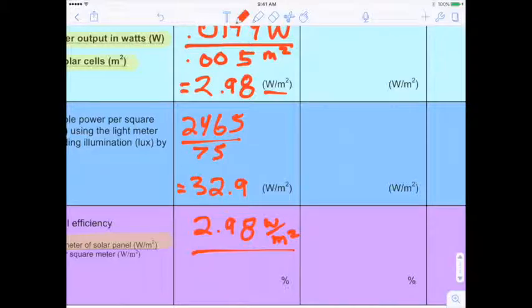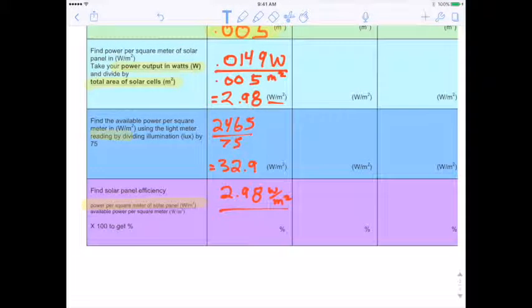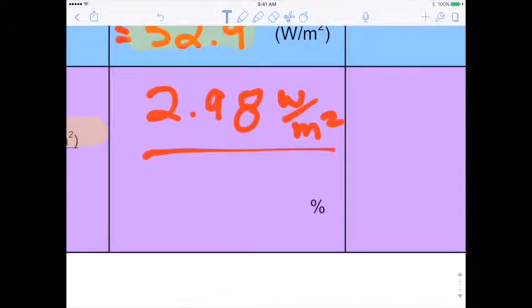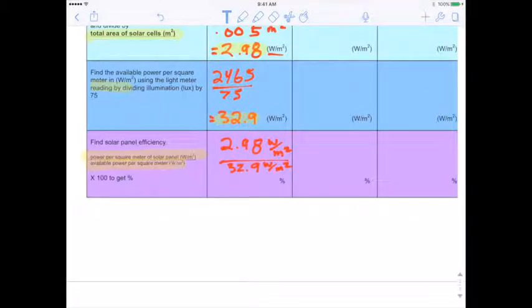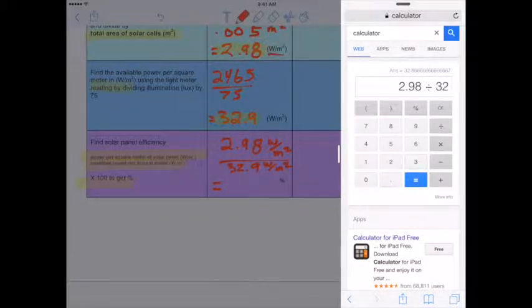I'm going to divide that by the available power per square meter, so I'm going to divide by 32.9 watts per meter squared. And in the end, I'm also going to multiply by 100 so that my answer comes out as a percent. 9.05.